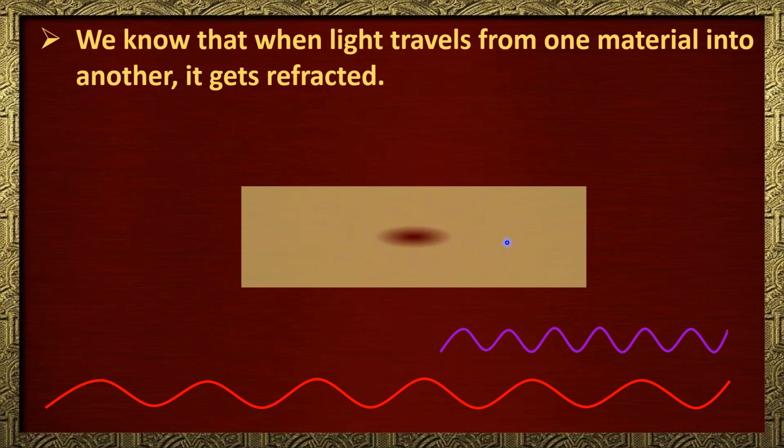See here, this is a transparent material. Here is the red color light, which is incident on the separation of the two media. This is one medium, this is another medium, say it is glass. What we have to do? We have to draw the normal at the point of incidence here. This is the normal I have drawn.